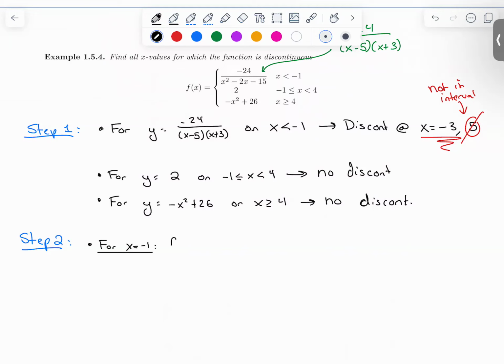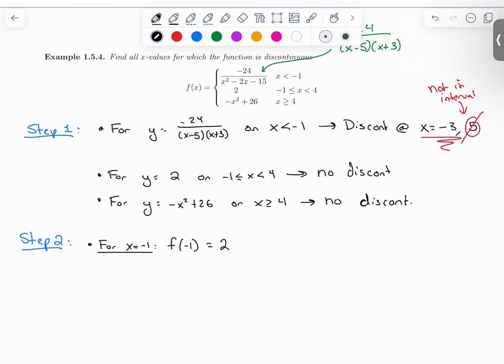So what is f of -1? It's 2, because at -1, you're the constant function 2. That's just 2, i.e. it exists. That's the first condition satisfied. For continuity, the function needs to exist, the limit needs to exist, and they need to be equal. So we've got the function existing there. Now we just need to check the limits.